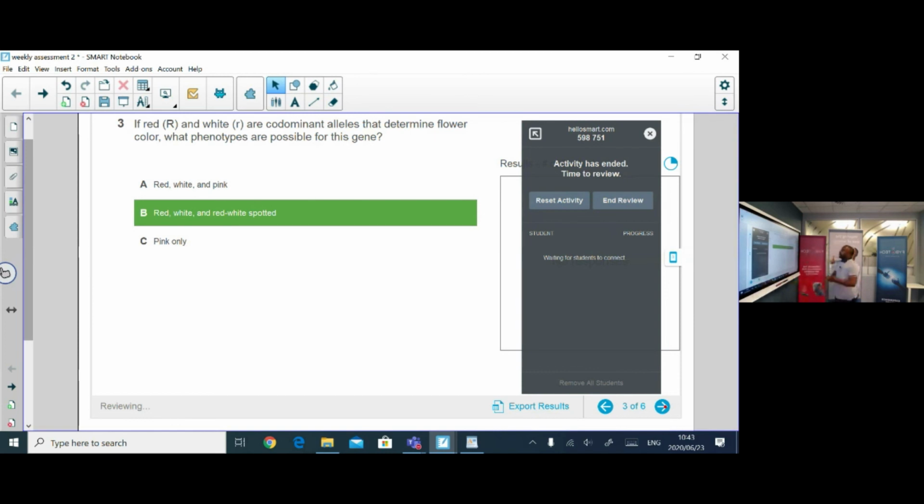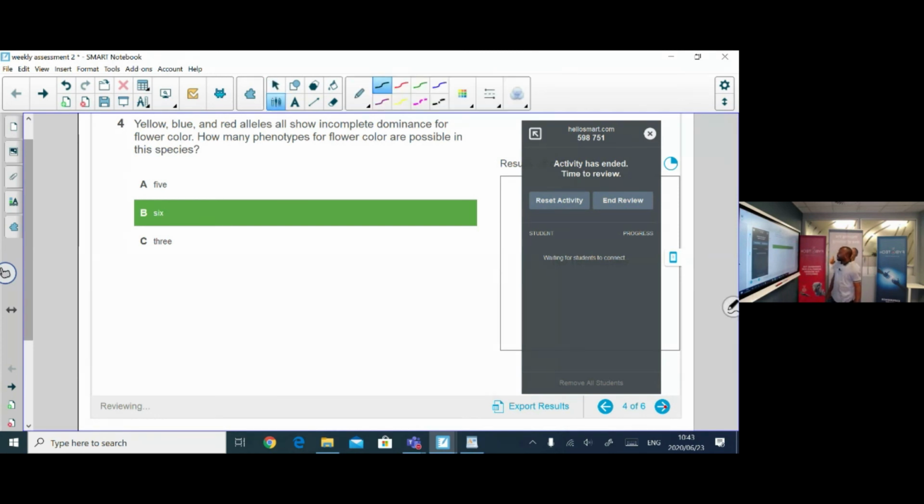Question 4. Yellow, blue, and red alleles all show incomplete dominance for flower color. How many phenotypes are possible?